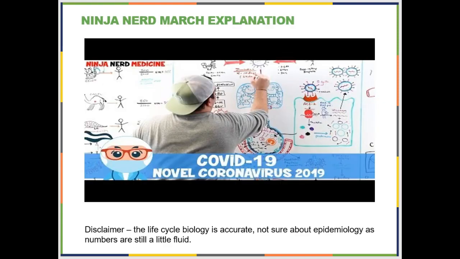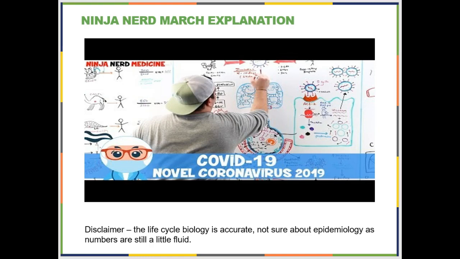If you want to know more, you can listen to Mr. Ninja Nerd of Ninja Nerd Medicine, and he's got a whole hour description of it, and he gives a little background on, I think, the SARS and the MERS viruses. So if you want to know way more than I could explain, because I'm not a virologist, you can watch this video. They give a disclaimer saying that they're not epidemiologists, and they say what the date is when they made the video, because our understanding of the virus is still ongoing.